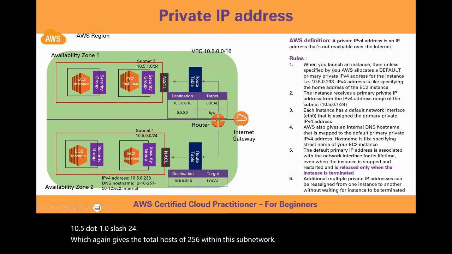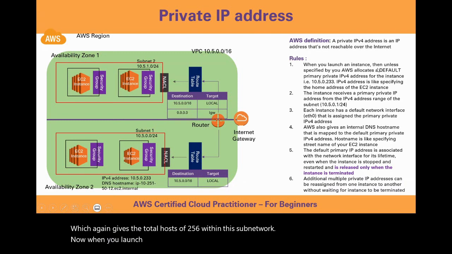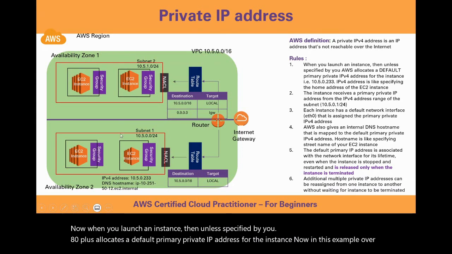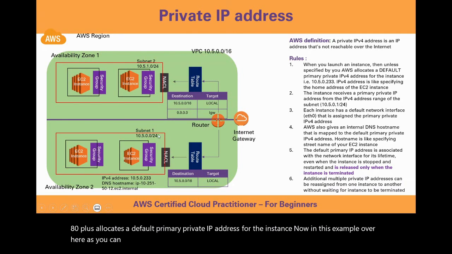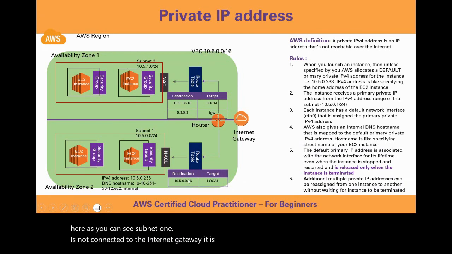Now, when you launch an instance, unless specified by you, AWS allocates a default primary private IPv4 address for the instance. In this example, as you can see, subnet 1 is not connected to the internet gateway. It is only doing local addressing of IPv4 hosts.